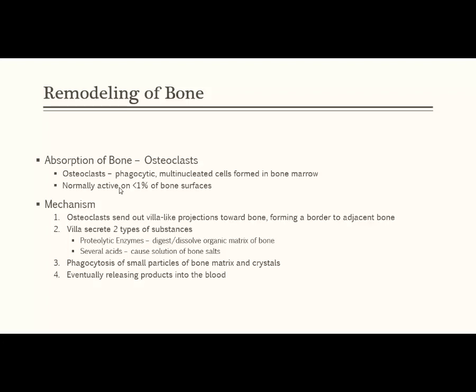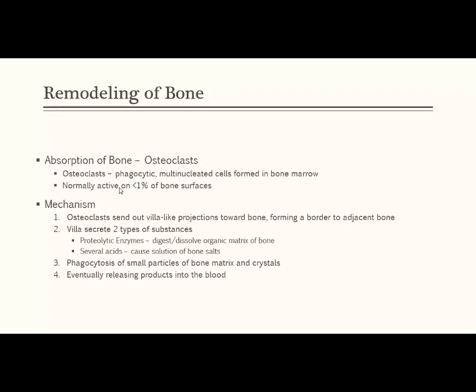Osteoclasts, like many phagocytes, have projections, and they send out these projections that are sort of like villi that form a border next to bone and secrete enzymes that do two things.